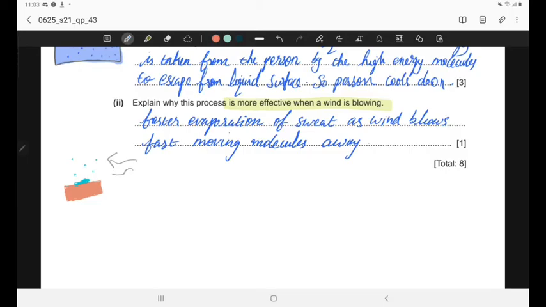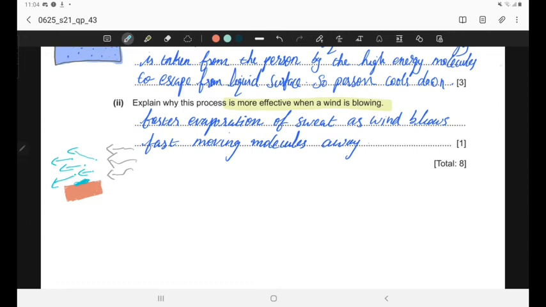Now if there is wind, what will happen? The wind will blow all these molecules away from the liquid surface. So there will be more vacant places, so more molecules will absorb energy from the person's hand and again escape, so that the evaporation process will increase.